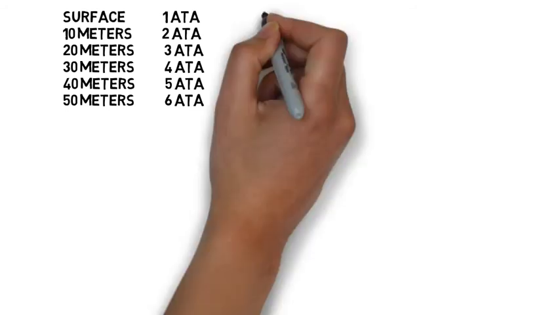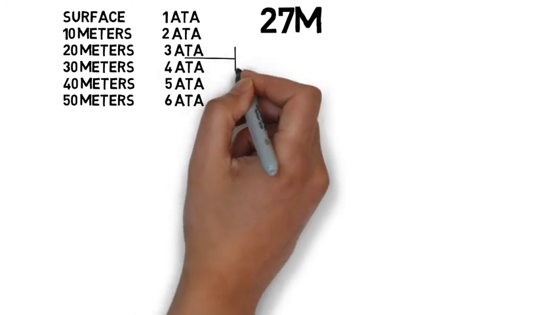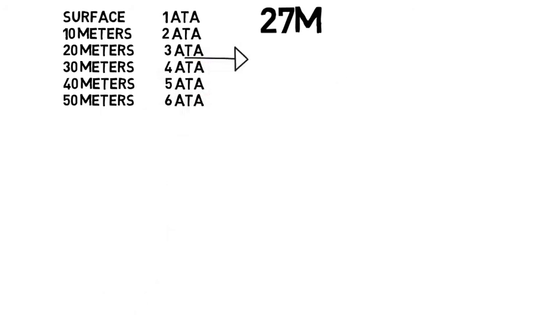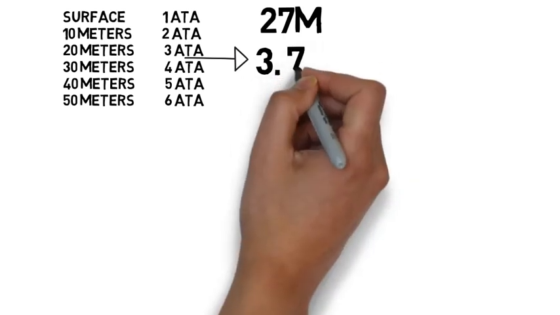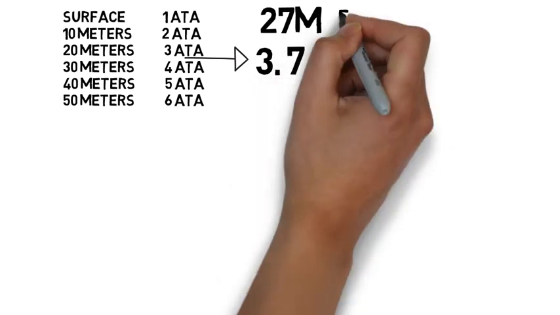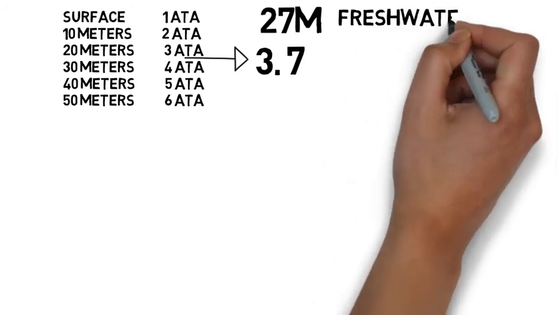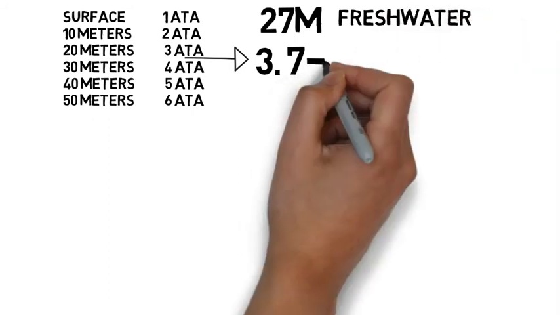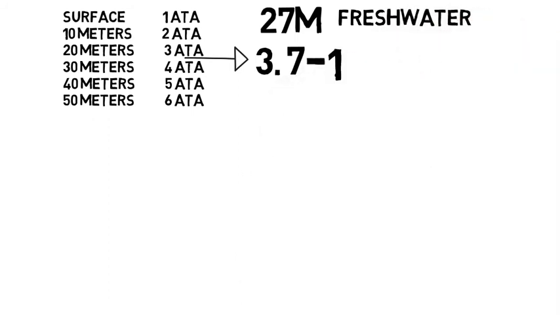Let's imagine we were given a question that said we were in fresh water at 27 meters. Well, firstly, let's find the depth and put an arrow in between the depths. 3 point something atmospheres, 27 meters, 3.7 atmospheres in salt water. To convert that to fresh water, we subtract 1 to take off the atmospheric surface pressure. That gives us 2.7.